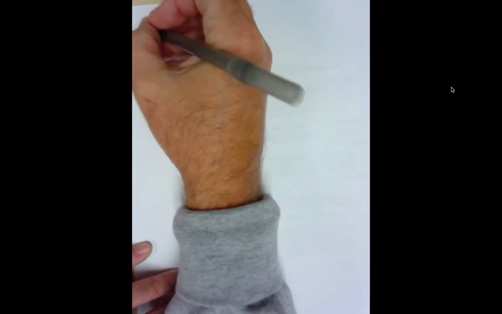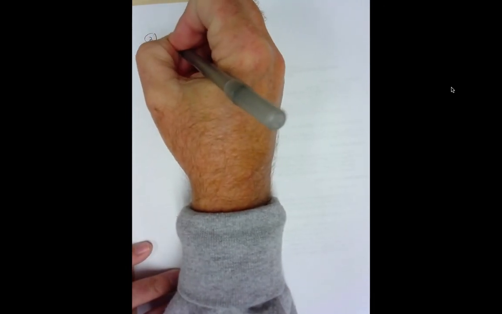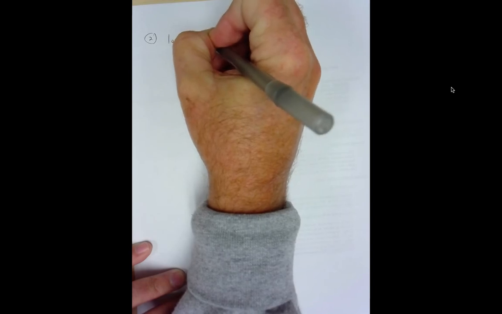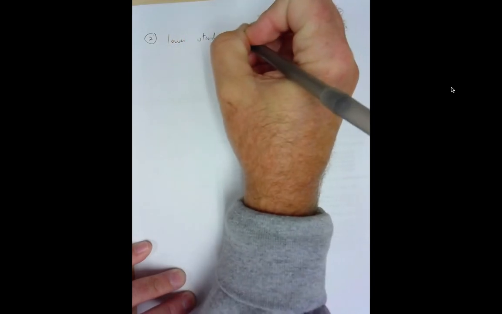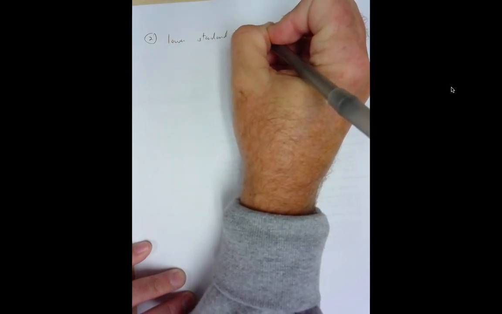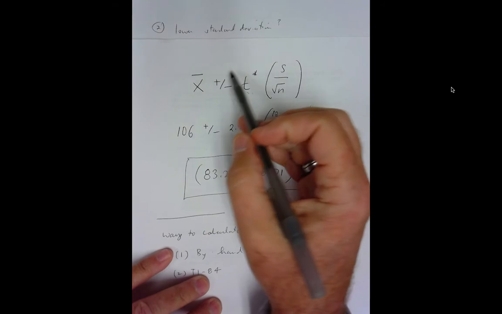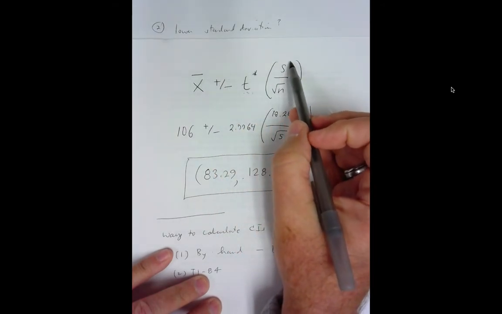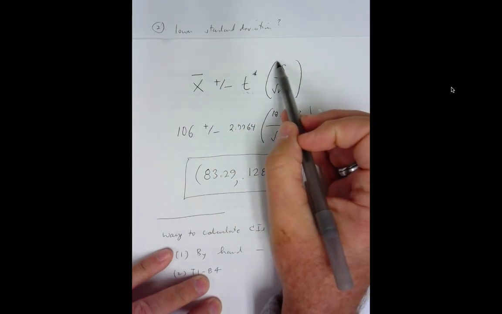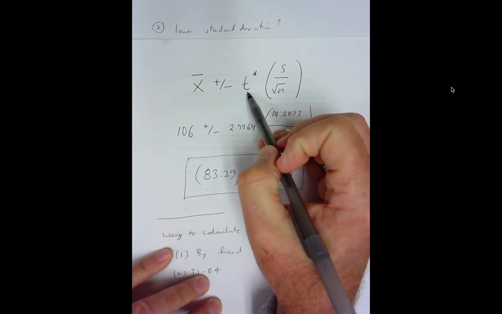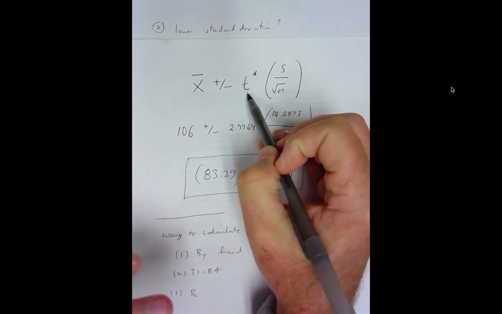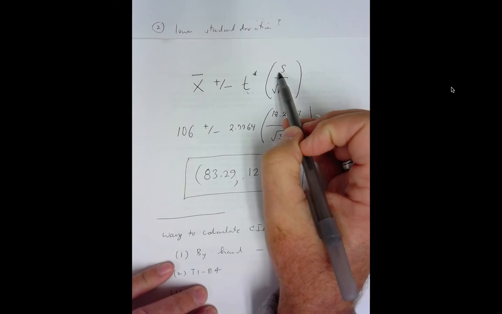All right. Second thing, lower the standard deviation. How does that impact? Well, gang, just like we did before, let's go back to our confidence interval formula. If I make this value smaller, let's set the confidence level. Let's just go back to 90%. That's not going to move. But let's just focus on changing this.